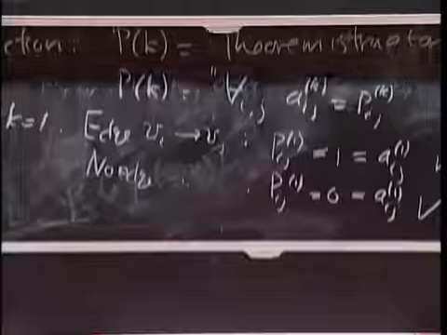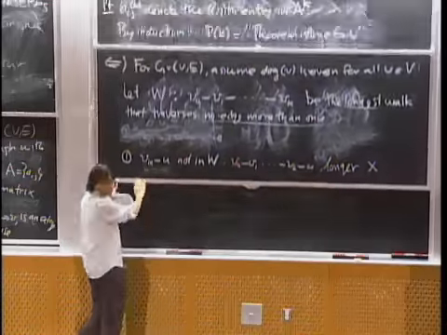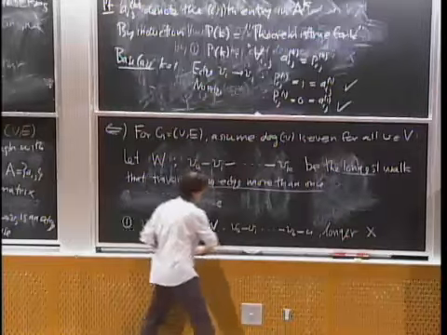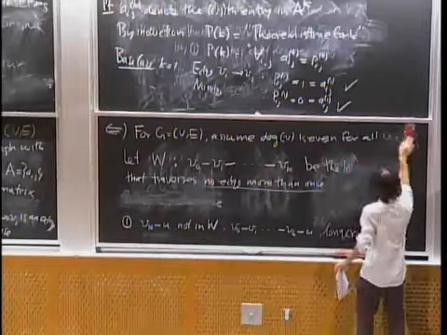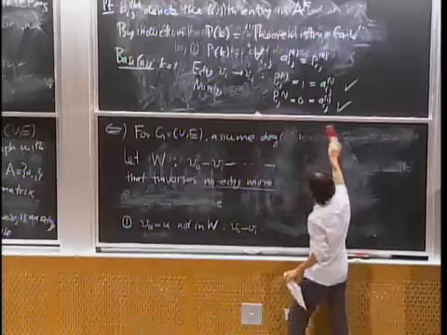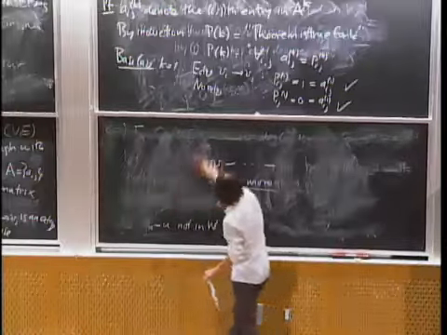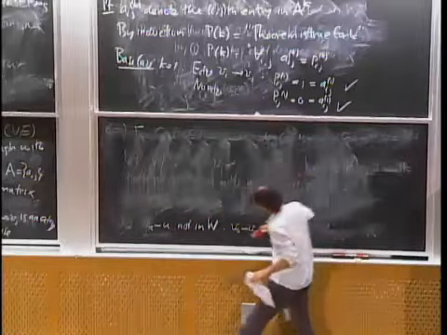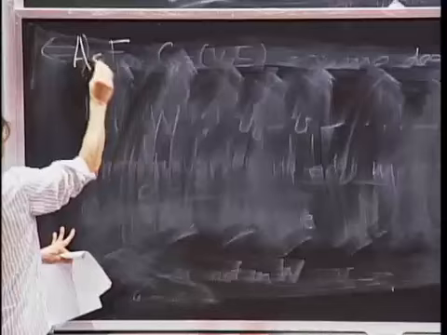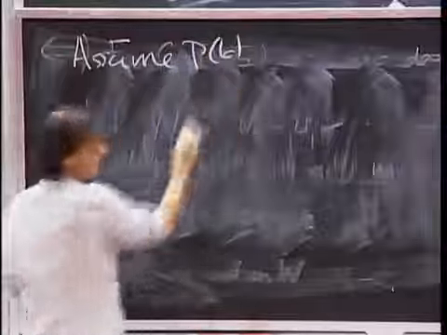And the induction step always starts by assuming Pk. As you can see, these types of proofs always have the same structure. And in this case, we again assume Pk.